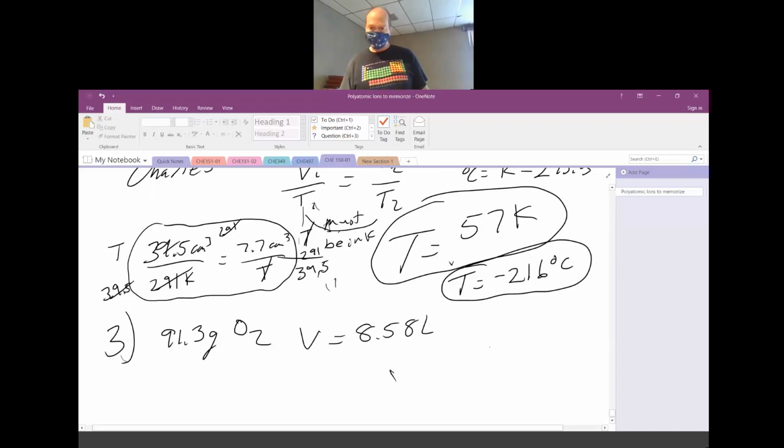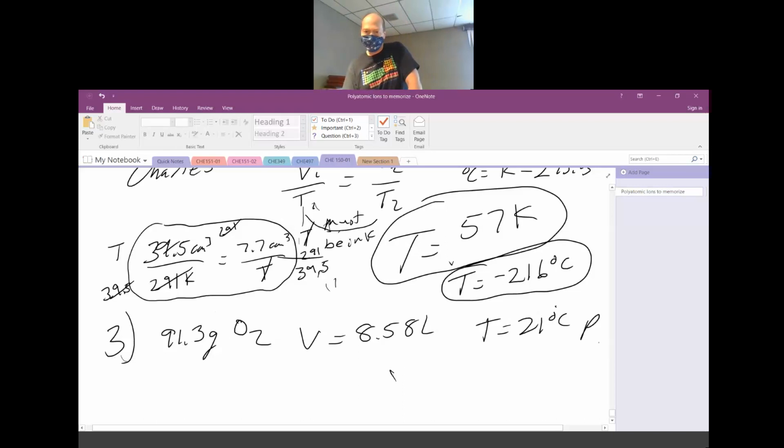And we have a temperature of 21 degrees Celsius. Calculate the pressure. All right, so now we are not going from one to another. The first two was, here's your pressure and volume, what is it now? Here's your temperature and volume, what is it now? This doesn't give you a first pressure, and they ask for the pressure.